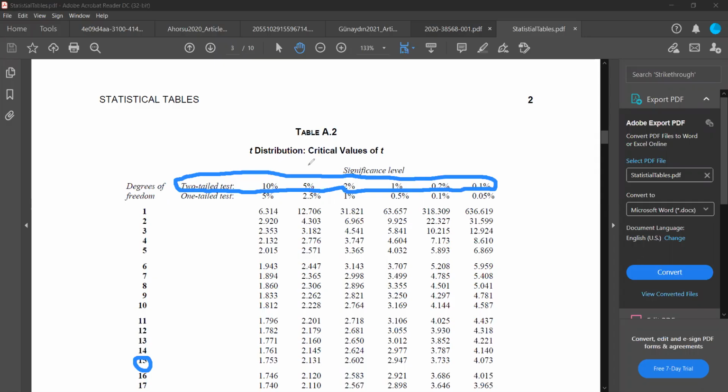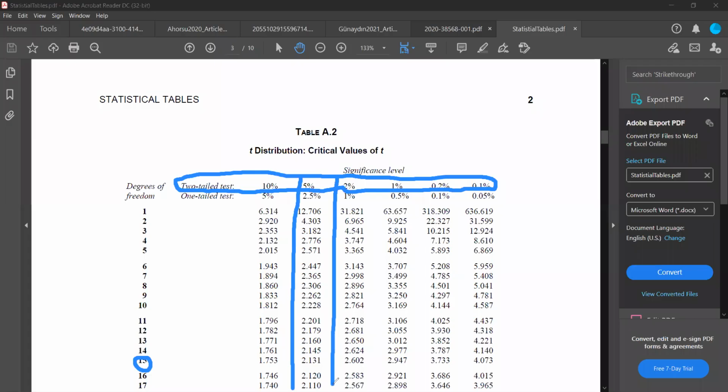And our level of significance is 0.05, which is the same as 5%. So it means we are supposed to choose this 5%. It means we are supposed to read our information from this side.